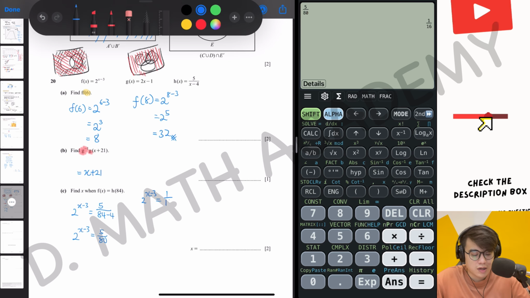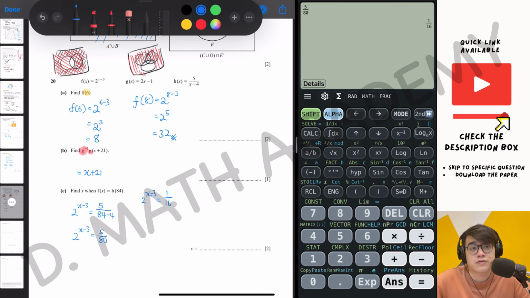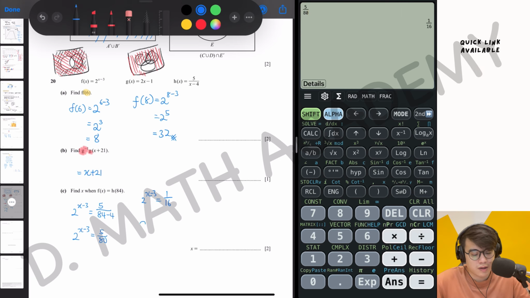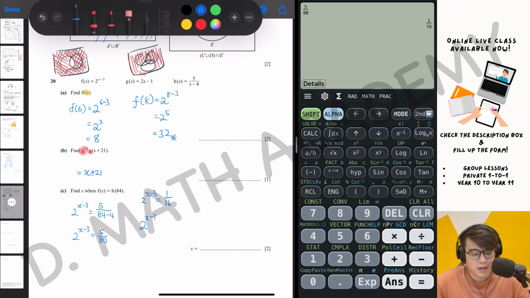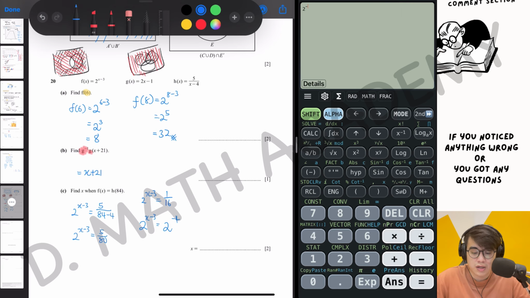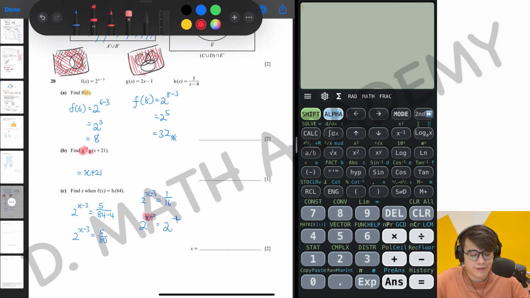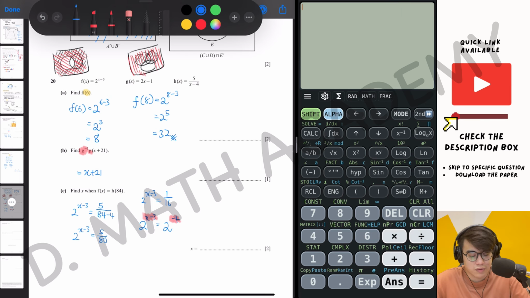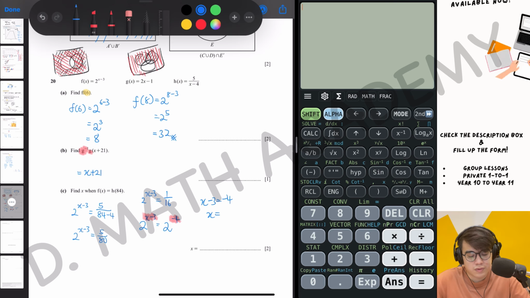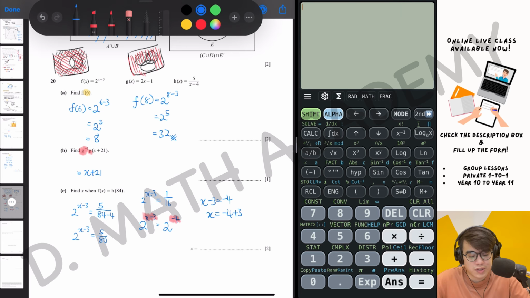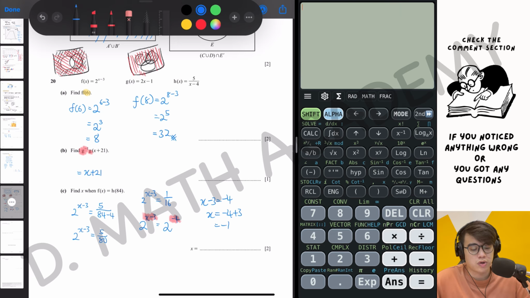If you wanted to speed up the process, you can use logarithms. If you don't want to, you can make it into 2 to the power of negative 4 first. I can double check, it's correct. So you just take the power now. You have x minus 3 equals negative 4. So your final answer for x will be negative 4 plus 3, which is negative 1. So that's how you secure your marks for 20C here.